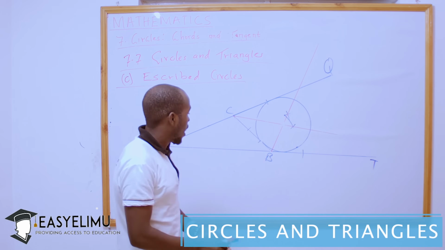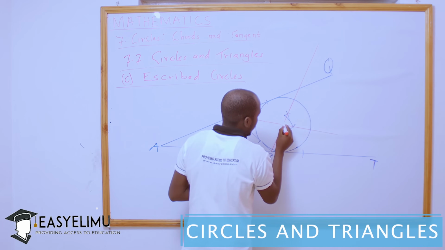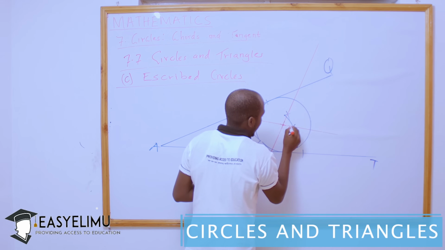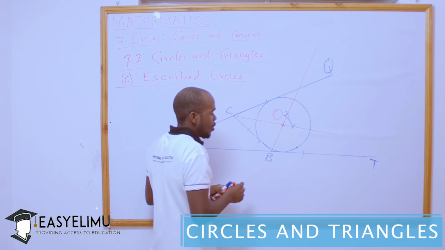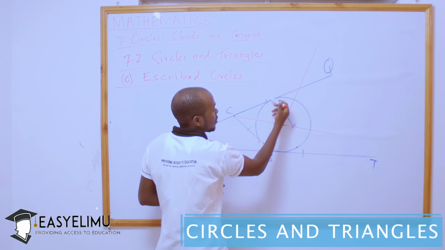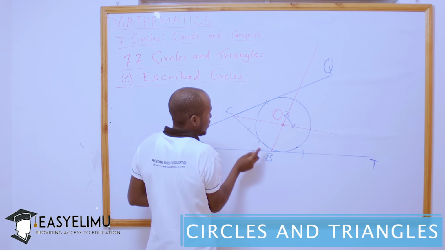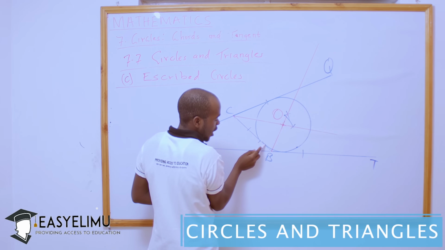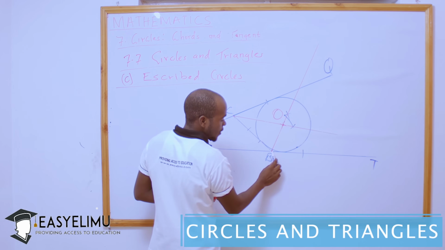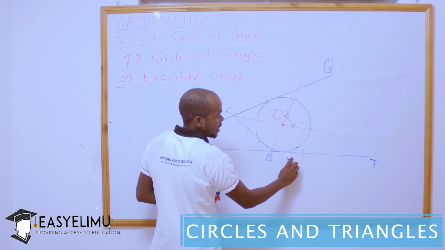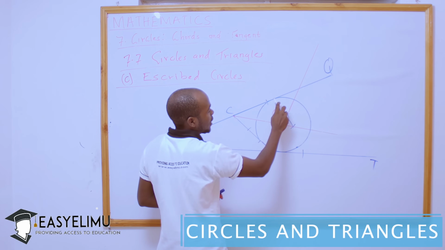For my part here, for the triangle which I drew, having the center as, let's say, O, I have the circle touching line CB at this point here, then touching the lower part at this point, and also at that point there.